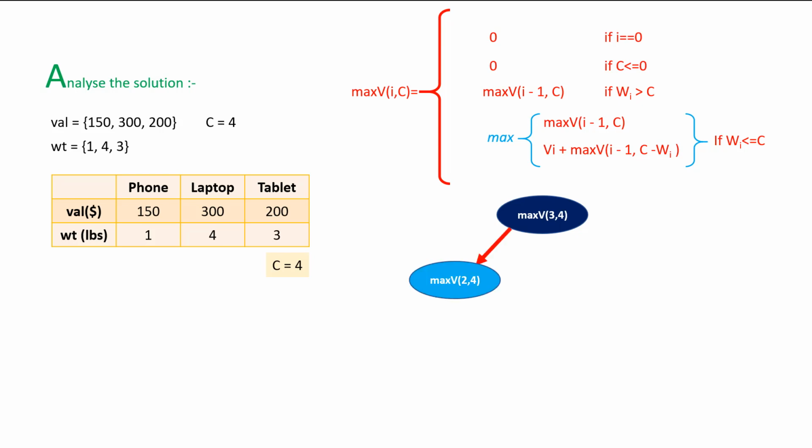If we are rejecting the item, then this function will make a recursive call with 2, 4, because that item we are discarding. So we will reduce the i here, which is 3, so now it will be 2, 4.